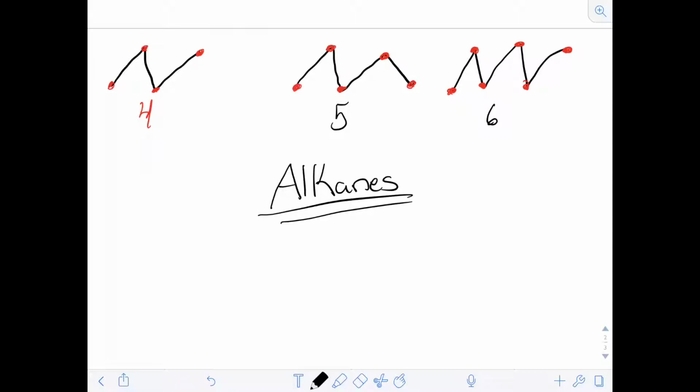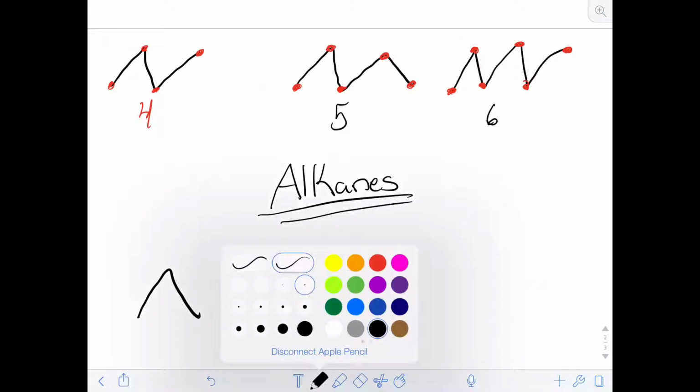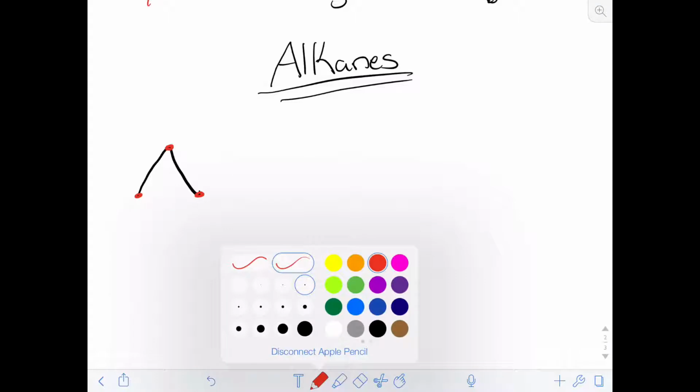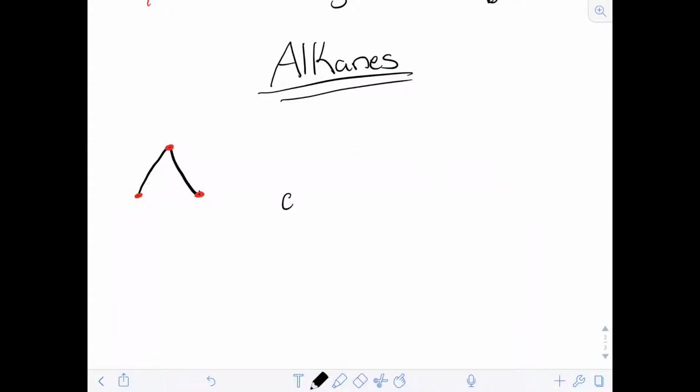So for example, if this is our carbon chain, and I'm marking the carbons in red, this is essentially what this looks like, pretty much as a Lewis structure.